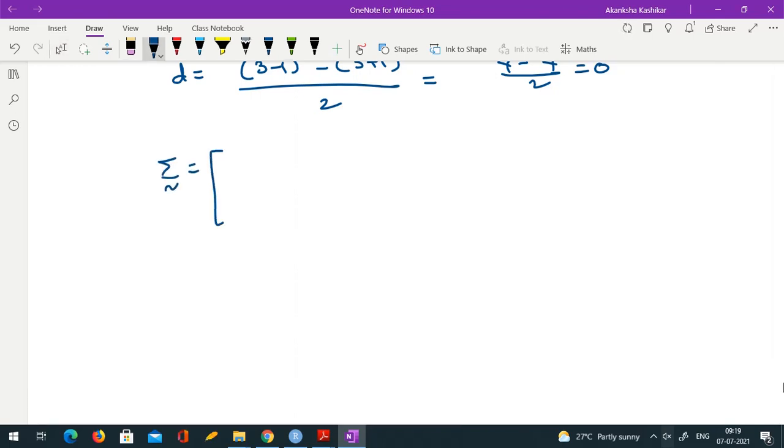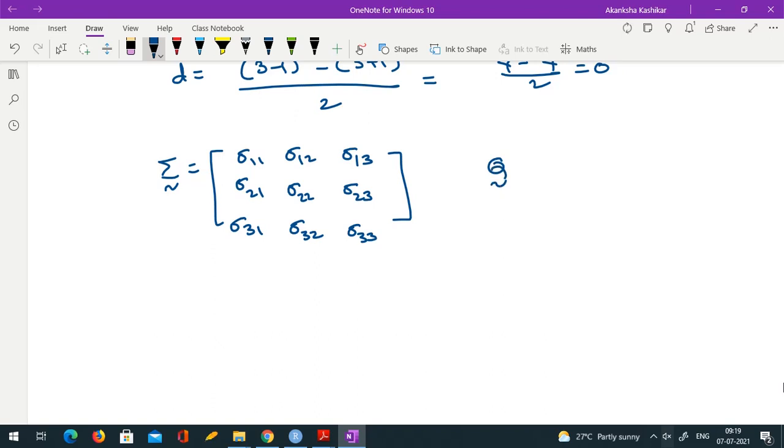Suppose my original sigma matrix is sigma 1 1, 1 2, 1 3, 2 1, 2 2, 2 3. Of course, we know that sigma 2 1 is same as sigma 1 2. 3 1, 3 2, 3 3. Okay. And now I need only one factor. So my Q will be of order P cross K, so 3 cross 1.